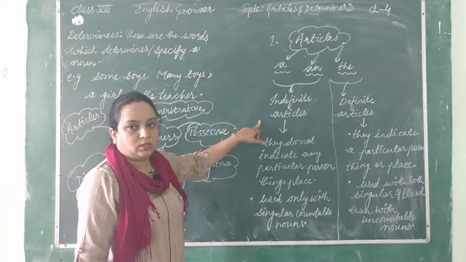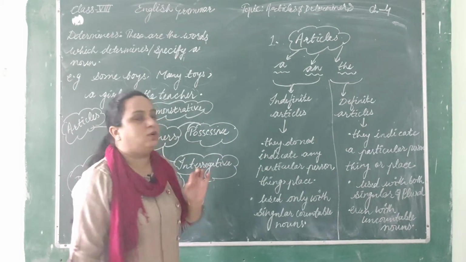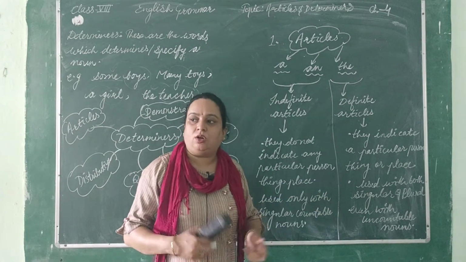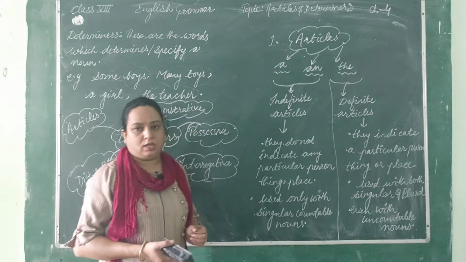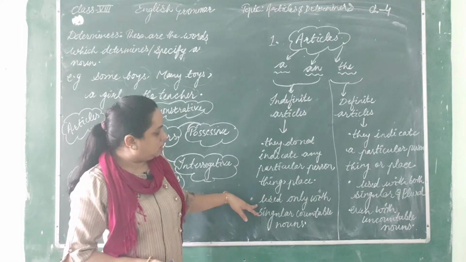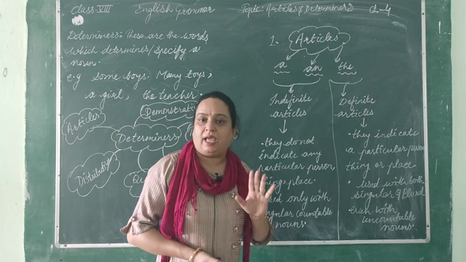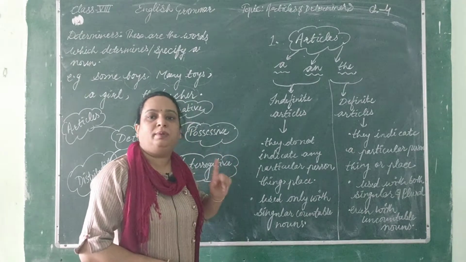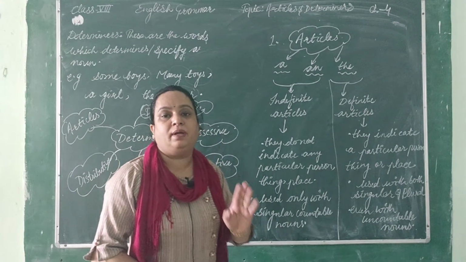These words a and an do not indicate any particular person, thing or place. We are not talking about any proper thing here, any particular thing. They are used only with singular countable nouns, because a means one, an means one. So this will talk about only one person or thing, a singular countable only.